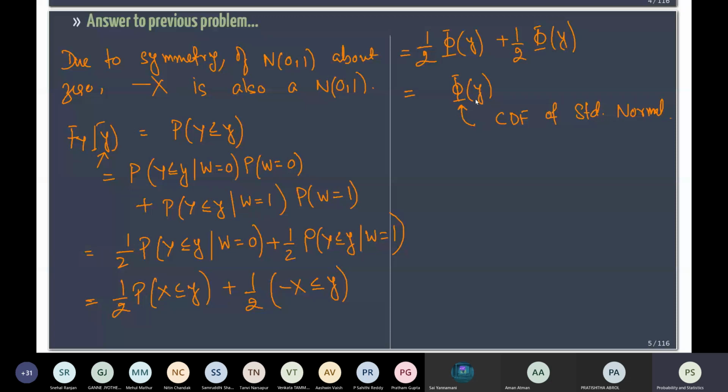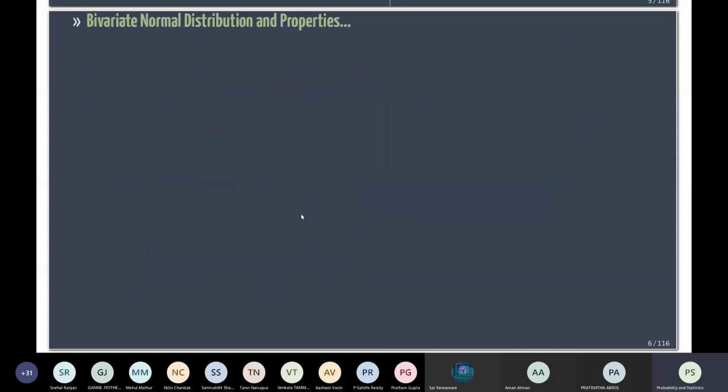Okay, so the question was to find the PDF of Y, right? So from here we can already claim that this implies that Y is standard normal. So the PDF will be the same as the PDF of the standard normal, right? So 1 by square root of 2 pi e to the power minus x square by 2 and so on, right? So yeah, we can stop here. Okay, so that's the answer to this question.